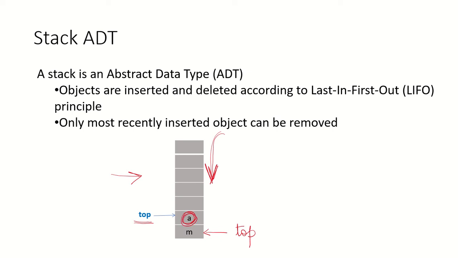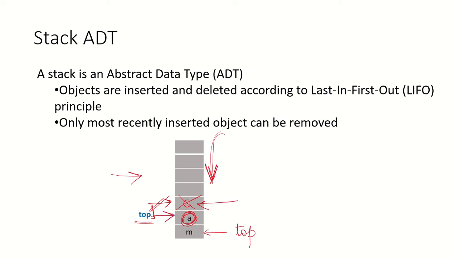Now if we want to add another element, suppose character C, C can be added and top would be pointing to the top of the stack again. If we want to remove elements, then first the element which is at the top will be removed. So C can be removed and the top would now be back to pointing to A.